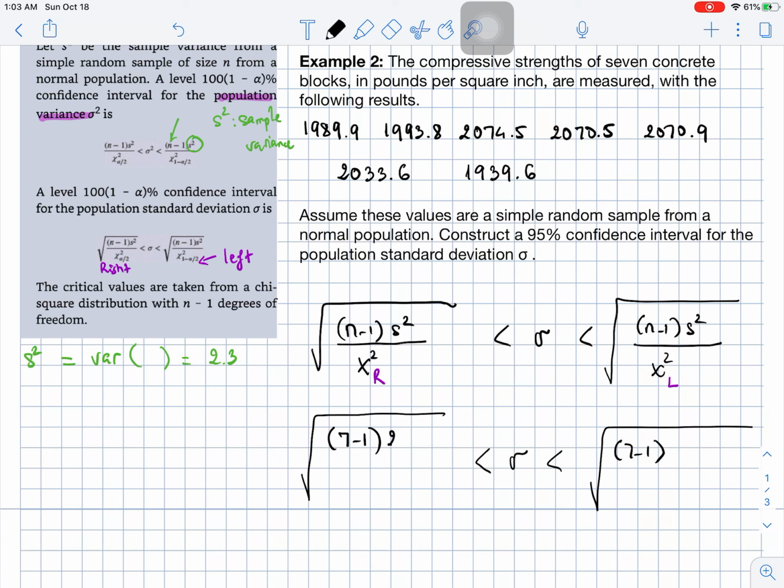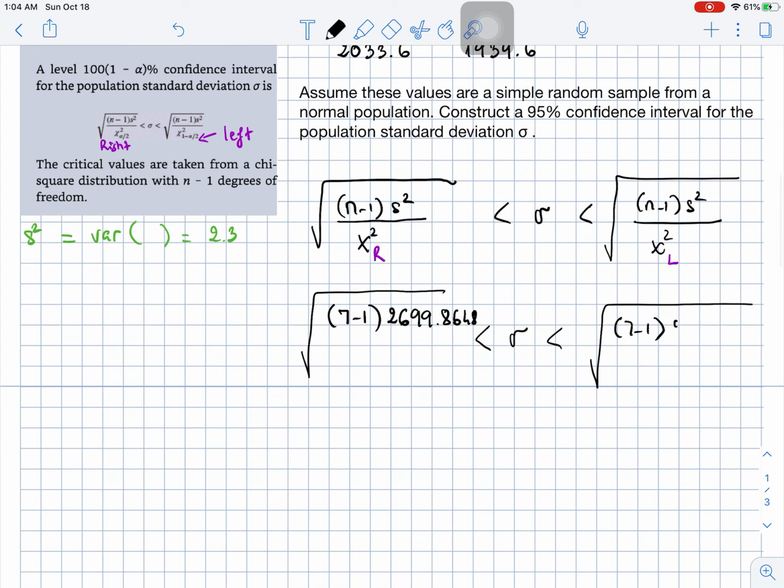But for this problem, we just use Excel and do VAR to find the variance s squared. The number that you got, if you use VAR, is 2699.8648.